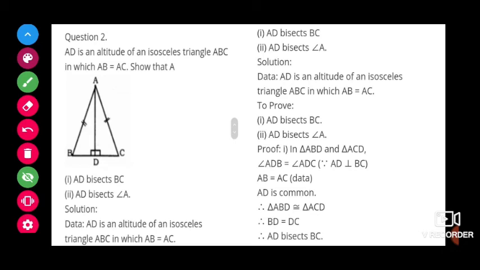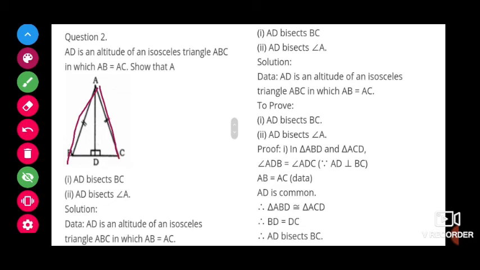Now, if I want to show this angle and this angle, this side is equal, I have to show that these two triangles are equal to each other. Then how can I show that both are equal? This is an isosceles triangle, so automatically AB is equal to AC.